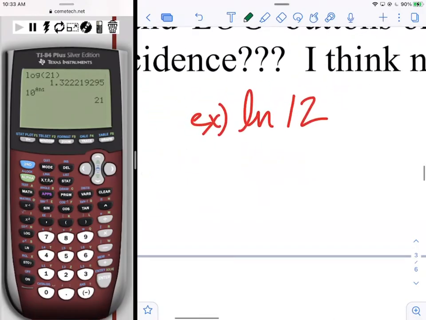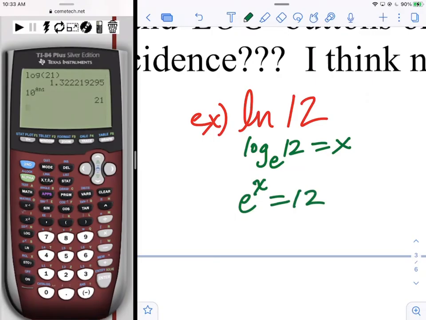Same thing over here. Let's look at the natural log of 12. I'm going to say that this is log base E of 12, and I'm going to set it equal to x. Why? So that I can convert it, right? So e to the x equals 12. Now remember, e is 2.718. For practical purposes, when you're trying to come up with an approximation here, you can think of e as like 3-ish.